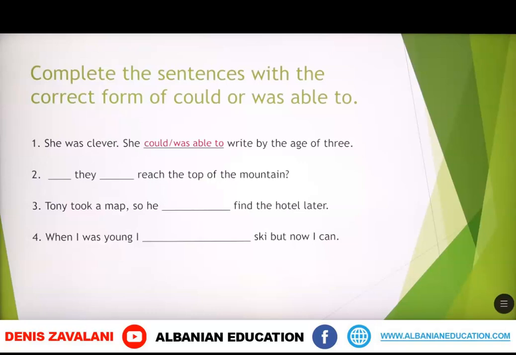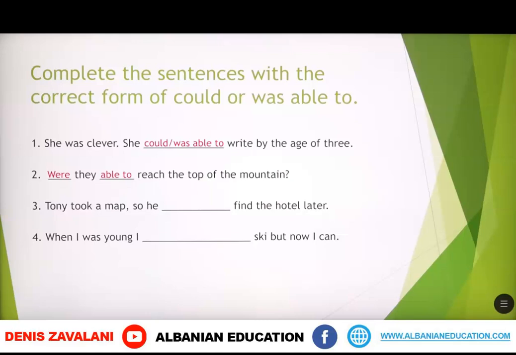Now, what would you say for the second? You've got 2 gaps which you have to complete. Is it could or was able to, the expressions that you would use in this case? Were they able to reach the top of the mountain? So it's were able, the expressions that we have to use in this case.